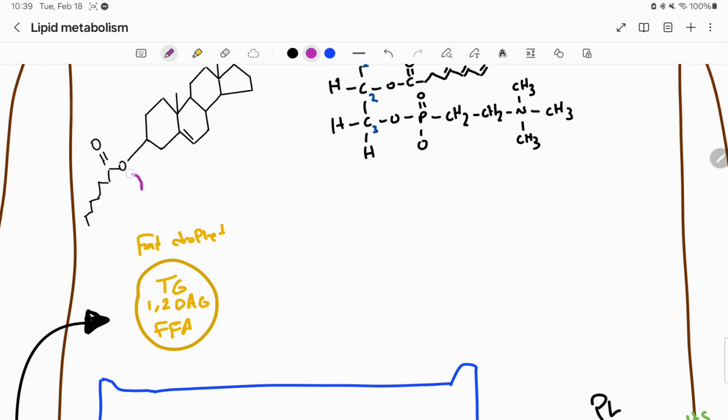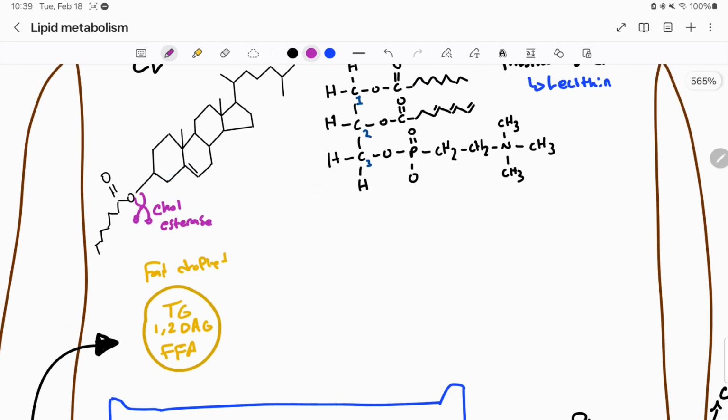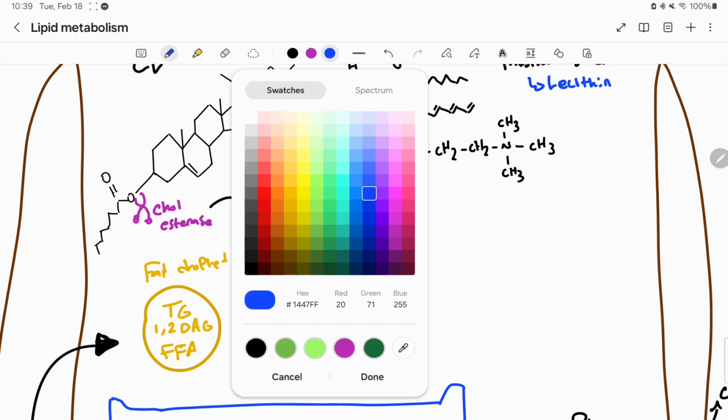So the cholesterol esterase will come over here, and let's write it down. Here's cholesterol esterase. All it does is cut the free fatty acid that's bound or esterified to this cholesterol. What you're going to get out of that reaction is two things.